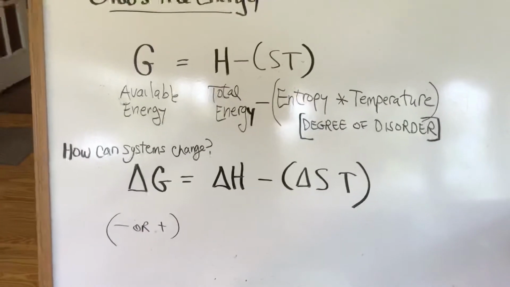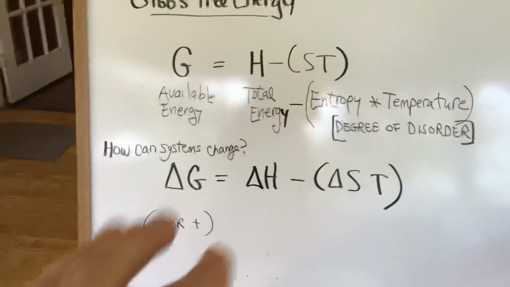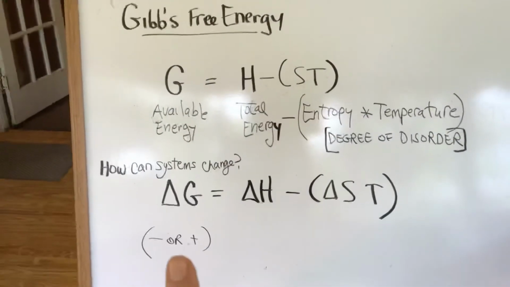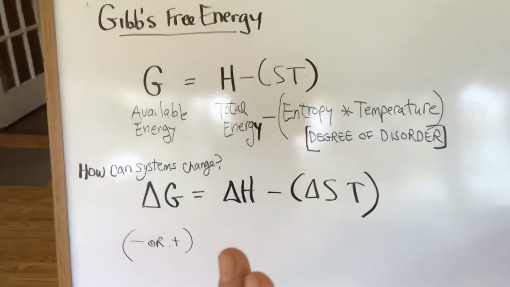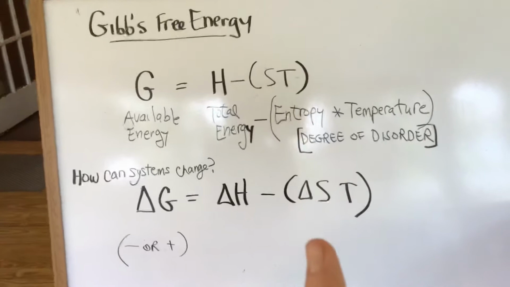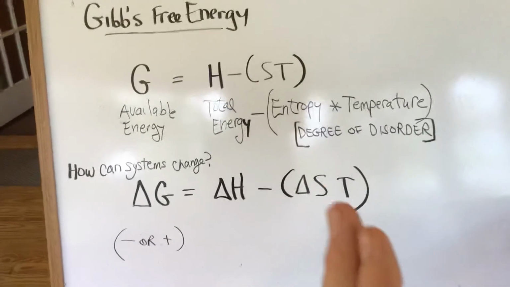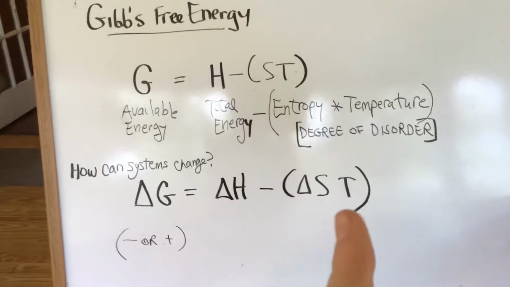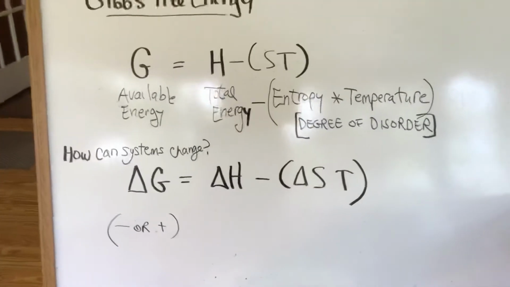So I'm releasing energy. So what's available at the end will be less than what it was to start with. That means I lost energy in the process, and I probably increased my entropy, which would make this number smaller, right? If this number goes up, because this is minus that, then this number is smaller. So that's just an example of how you might use it.